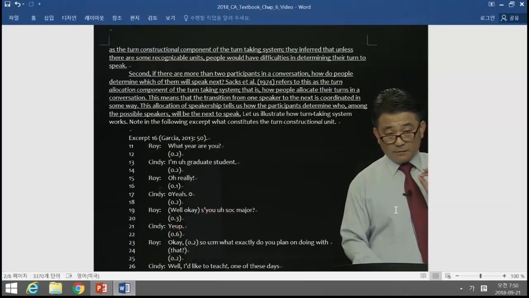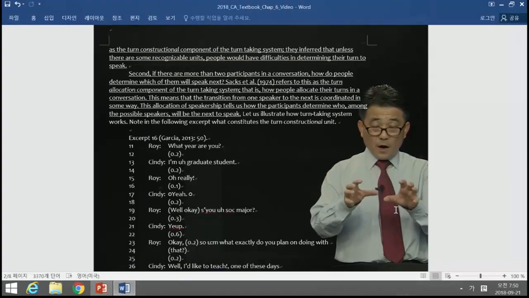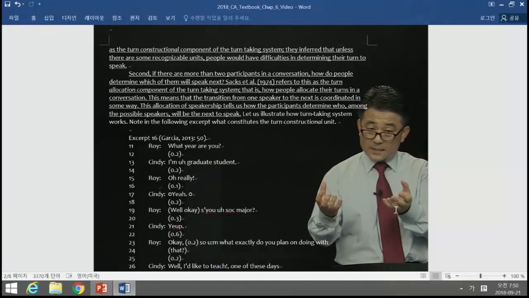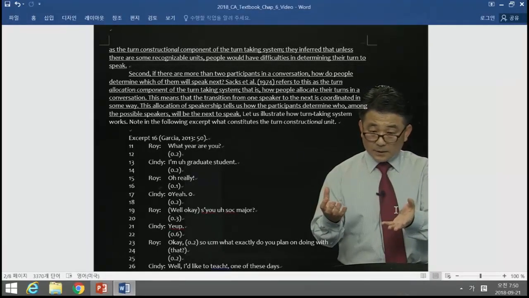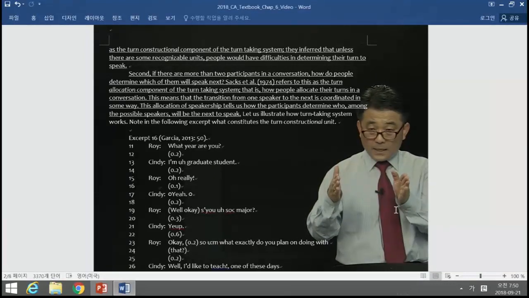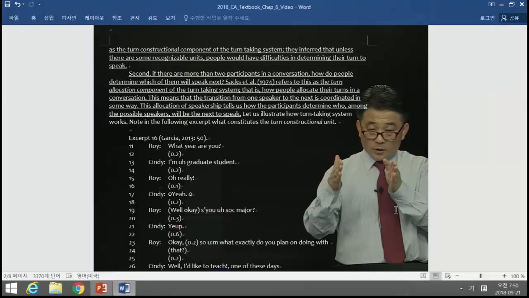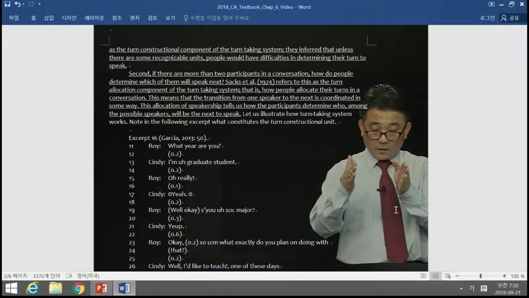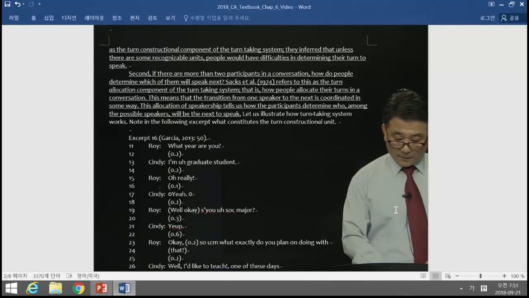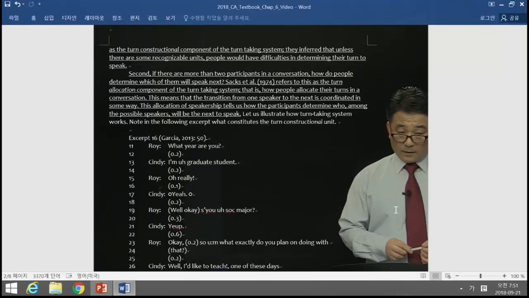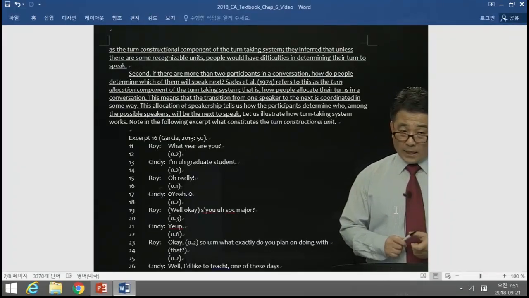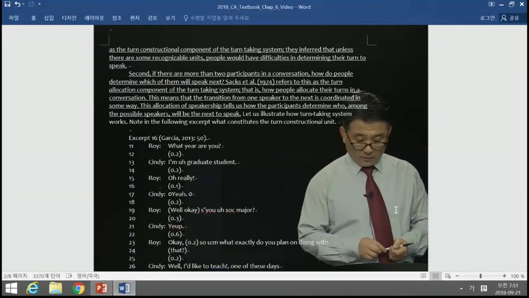So Harvey Sacks figured there must be some unit, some component that everybody agrees on. Because if people agree that a turn consists of these particular components, then they would know when to begin their turn, and they would predict when the current turn is finished, and so on.